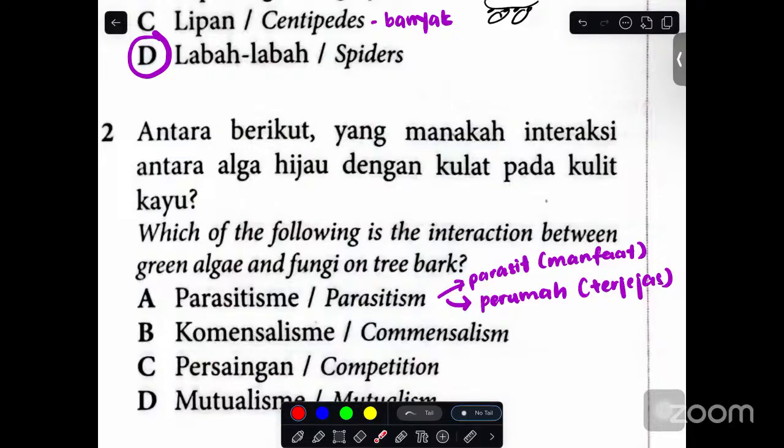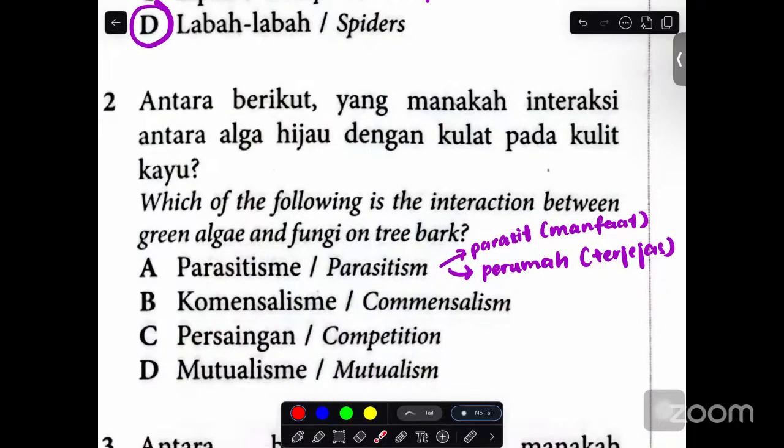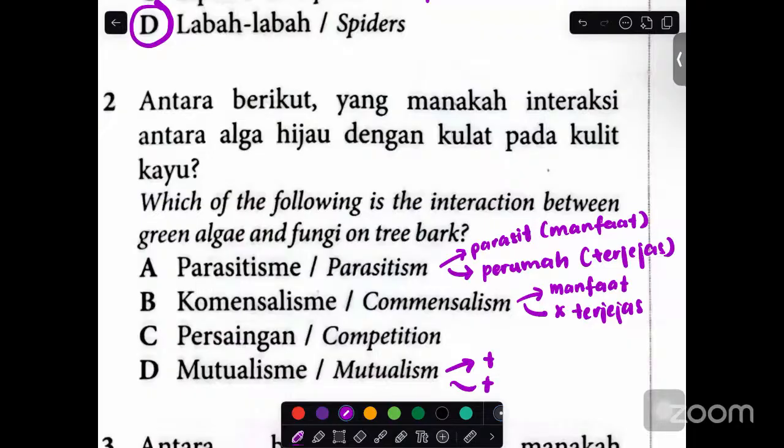Commensalism. What is commensalism? Satu dapat manfaat, dan satu lagi tak ada apa-apa. Dia neutral. Manfaat pun tak ada, terjejas pun tak ada. That is commensalism. Persaingan, you all know what is competition. And then last one, mutualism. Mutualism maksudnya dua-dua dapat manfaat. Both will get the benefit.